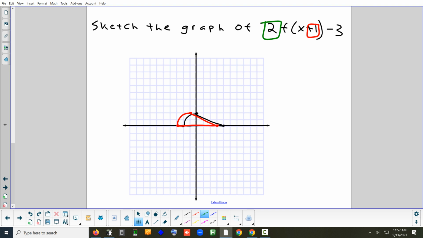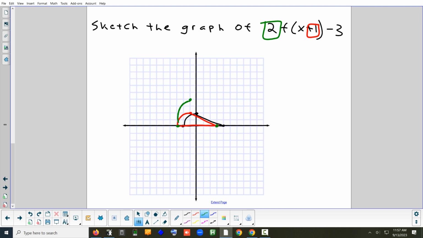So where would this point end up if I double its y value? It wouldn't change. Where would this one end up if I double its y value? It would end up at 4. And how about the y value of the point all the way on the right? Same thing.